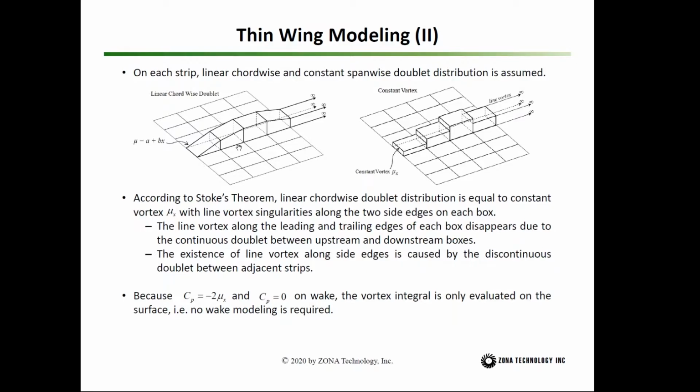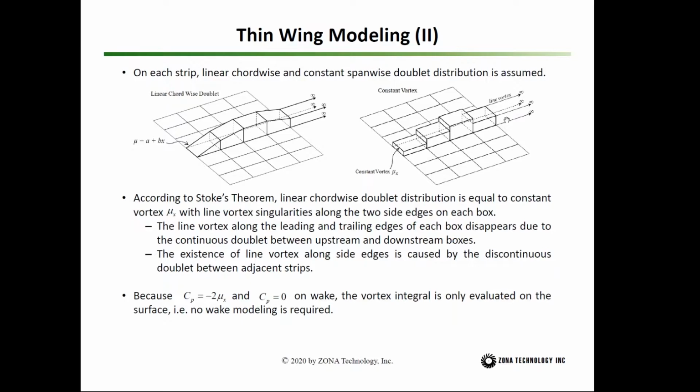However, the doublet distribution between two adjacent strips is not continuous. Therefore, when ZONAIR converts the linear doublet into vortex singularity, you will have a two-line vortex along the inboard and outboard of each strip.